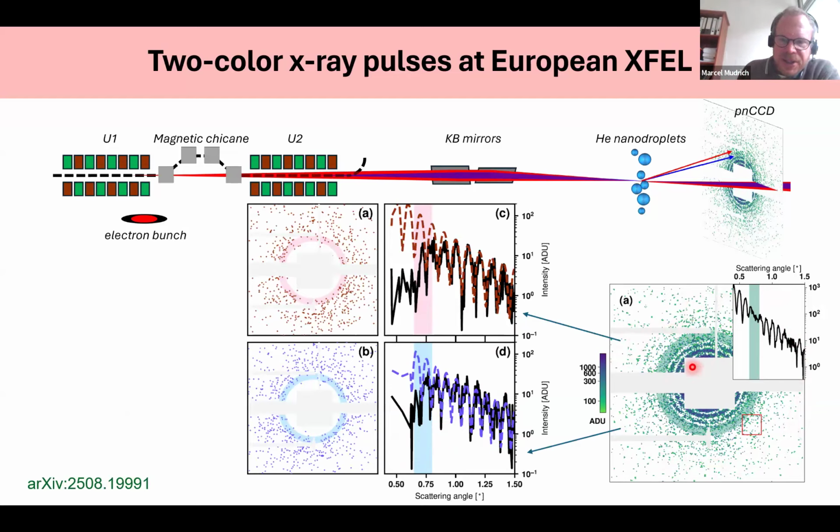We could actually decompose this image into the scattering image for only the red X-ray pulse and only the blue X-ray pulse.